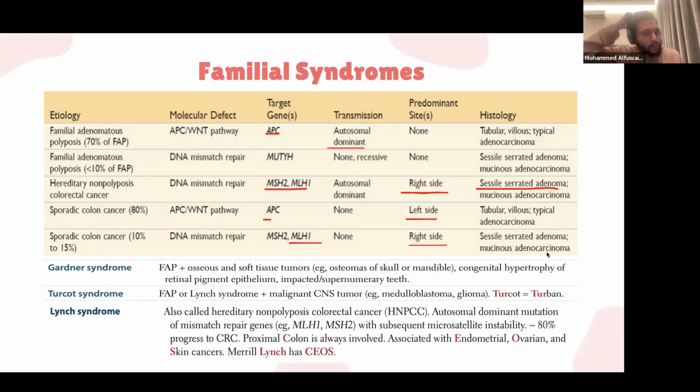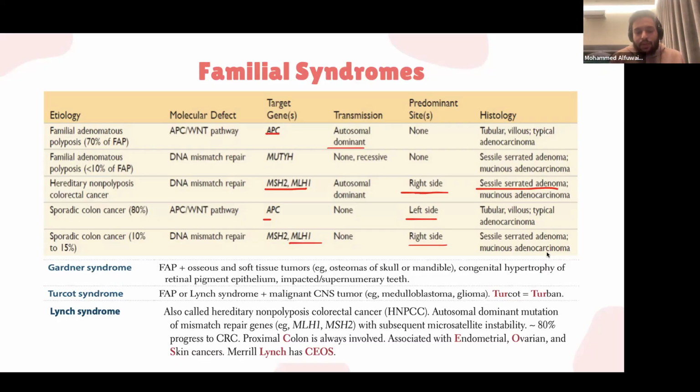Now, there is two important associations or syndromes associated with familial adenomatous polyposis. If someone has FAP with bone tumors, osteomas, what do they have? Gardner, good. If someone has CNS tumors, it's Turcot. Okay, that's it.